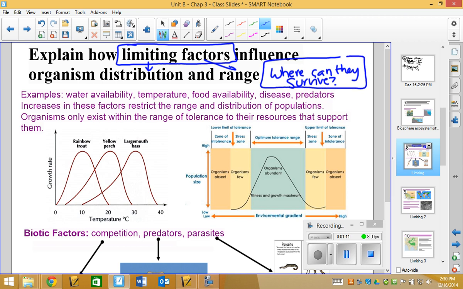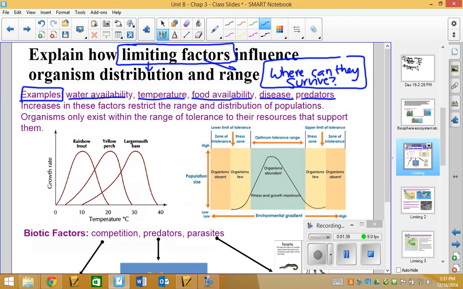Now in that list of examples, you'll see that we had all of them on our list of biotic and abiotic factors yesterday. So you might want to just make a note to yourself, hey, I already wrote these down. But some examples of limiting factors are listed here. Water availability, temperature, food availability, disease, predators.